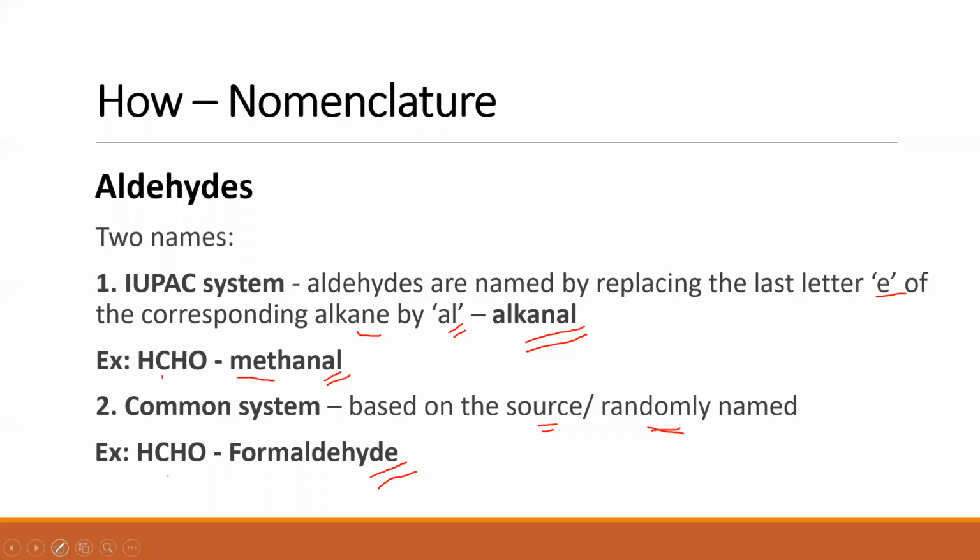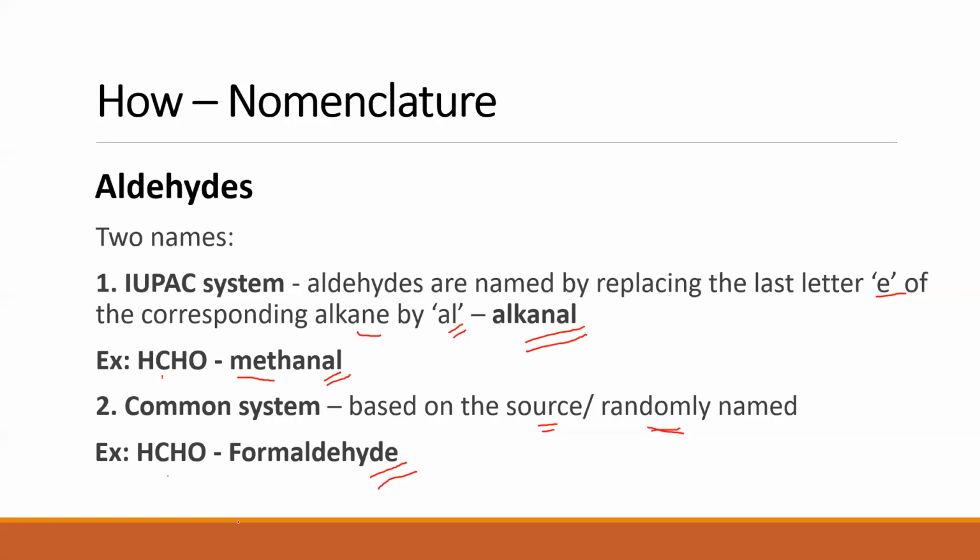All right. So coming to why it was named as formaldehyde, we said again randomly named or based on the source. It is named so because it is obtained from formic acid. Formic acid is the acid from which this aldehyde is obtained from. Formic acid, formicus, means ants.